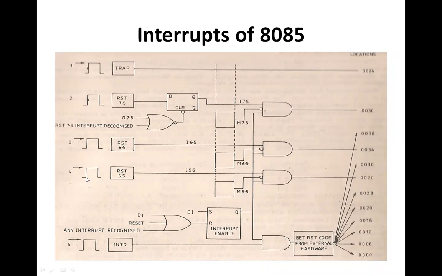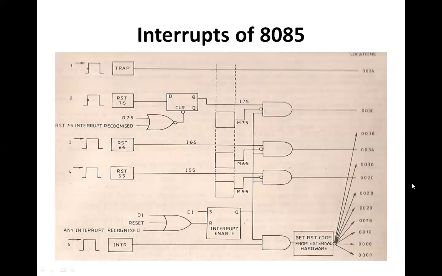But whenever any device has interrupted through RST 5.5, it will move to 002C. Through RST 6.5, it will move to 0034. Through RST 7.5, it will move to 003C. And any device that has interrupted with trap will move to 0024.